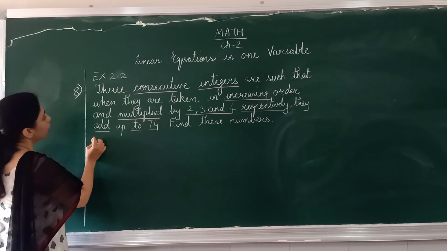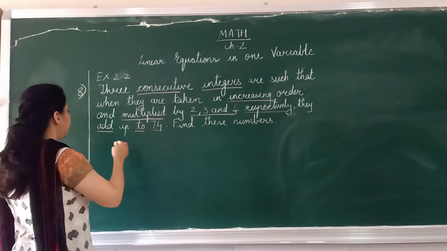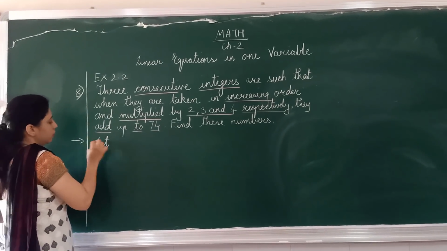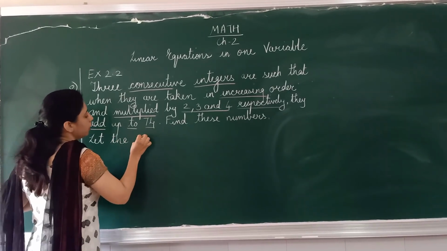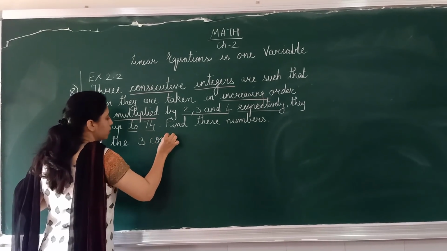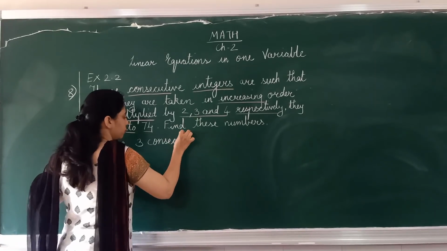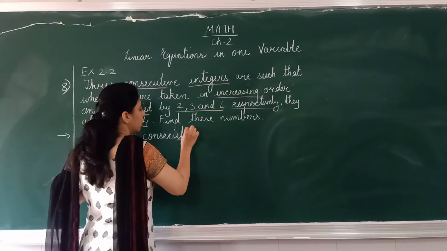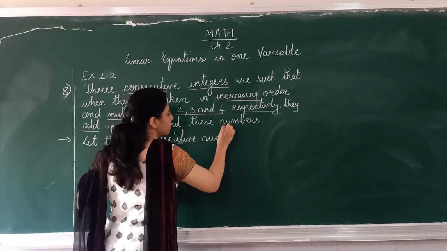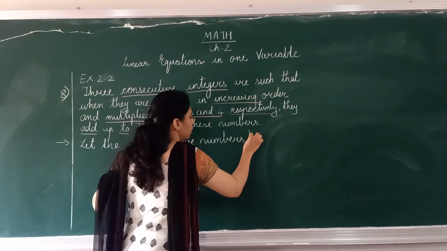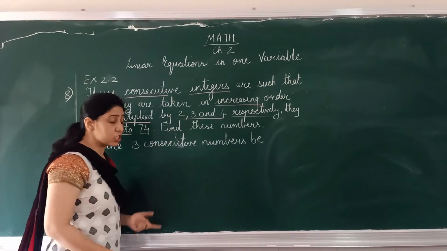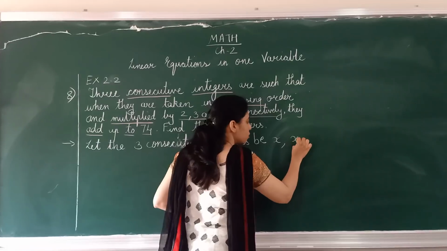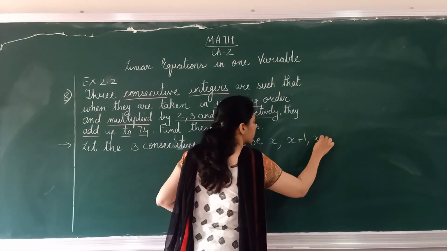So now we are going to write down: let the three consecutive numbers be x, x plus 1 and x plus 2.